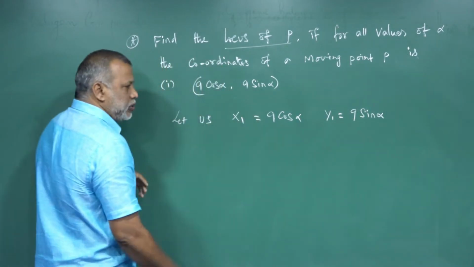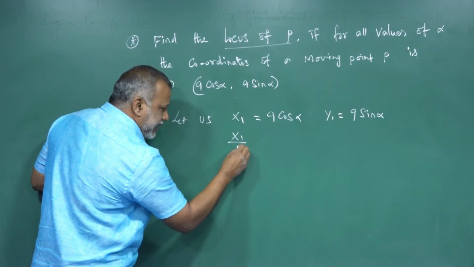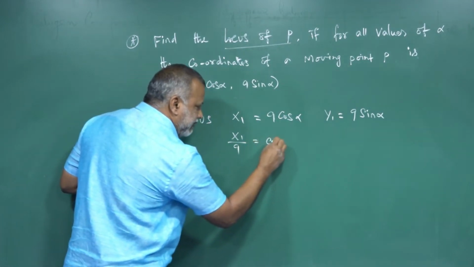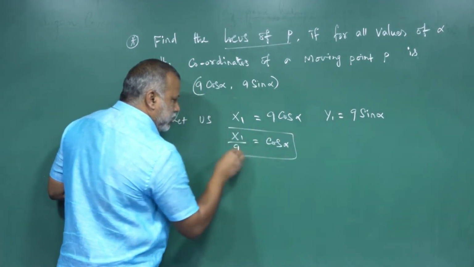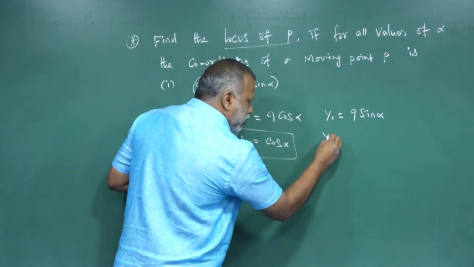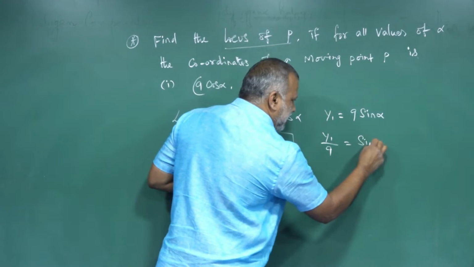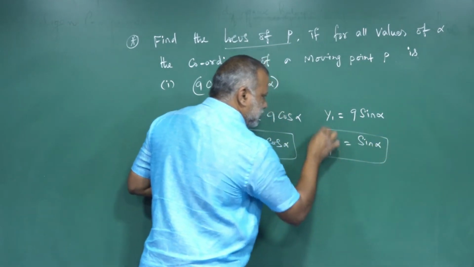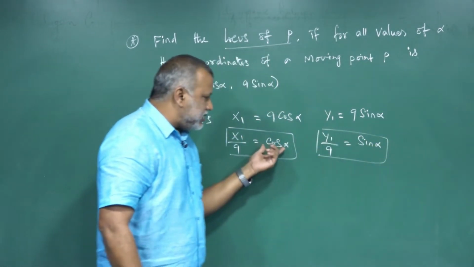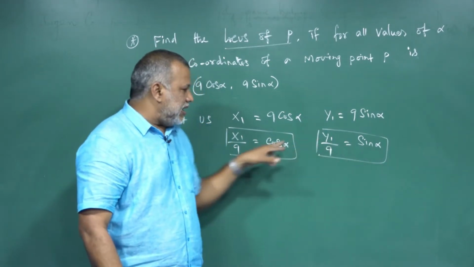From this we are able to work out x1 divided by 9 equal to cos alpha, and y1 divided by 9 equal to sin alpha. So we are already getting the trigonometric relation of sin and cos.